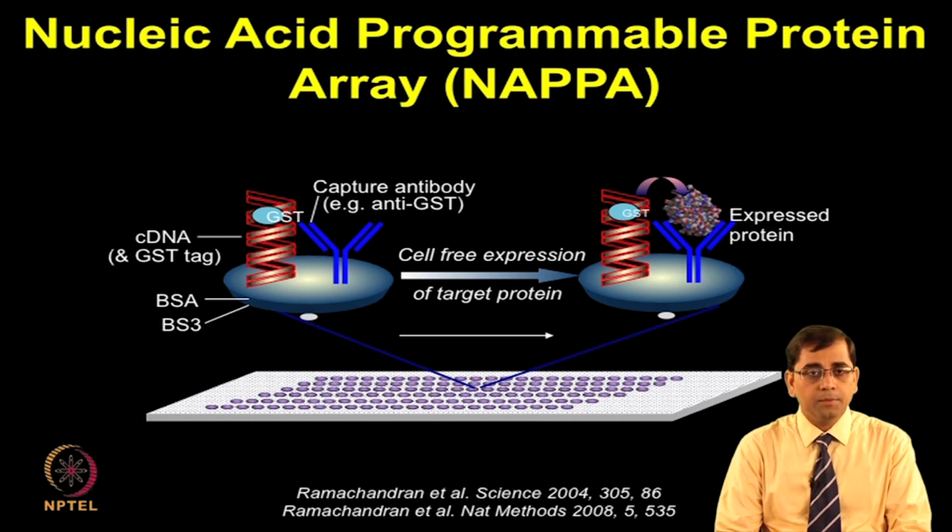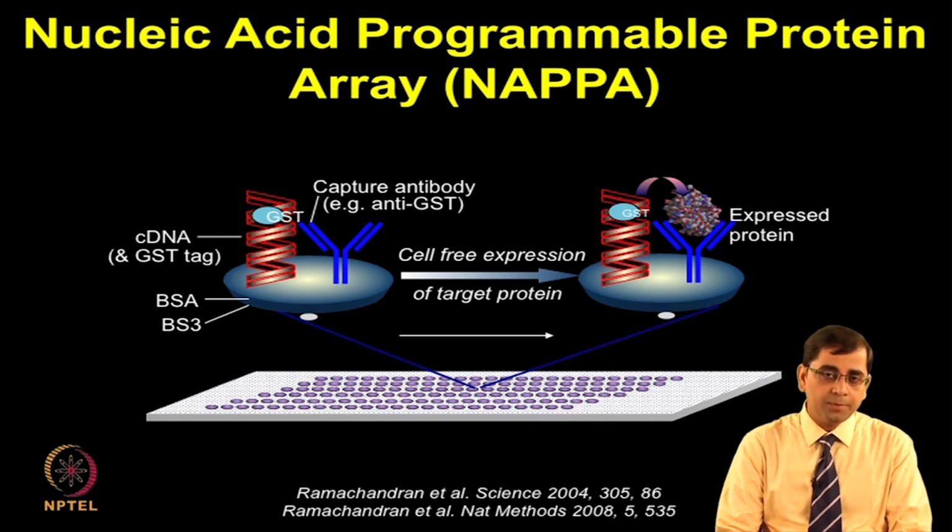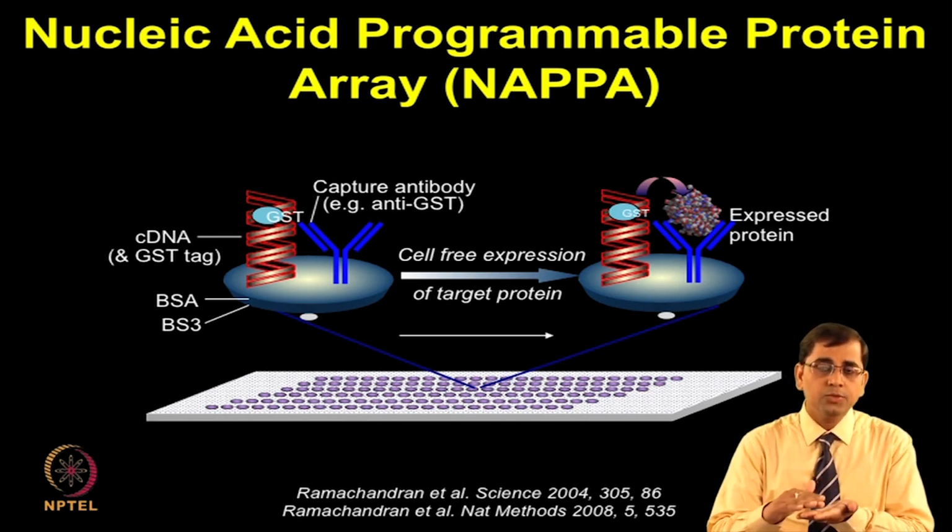Then you have bovine serum albumin BSA protein, capture antibody such as anti-GST and BS3 cross-linker.